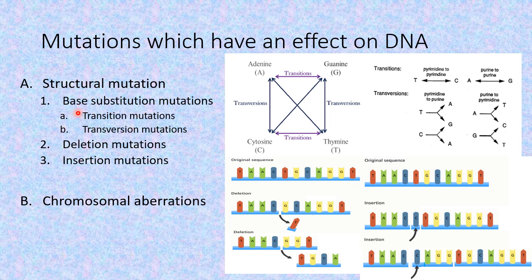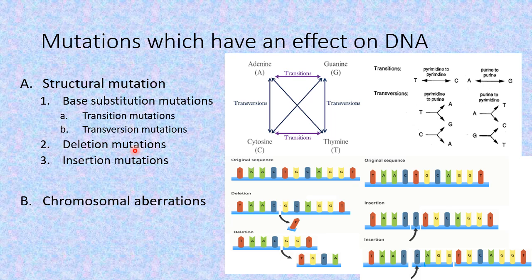Structural mutations may be of three types. Either they may be the base substitution mutations, that is, one of the bases is being replaced by another base, or they may be the deletion mutation or the insertion mutations.